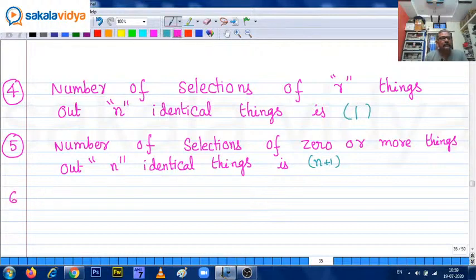Next sixth one. These are very important, so I will discuss them later, all of them.